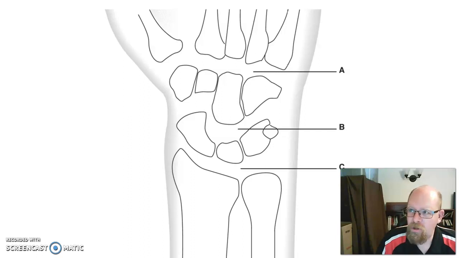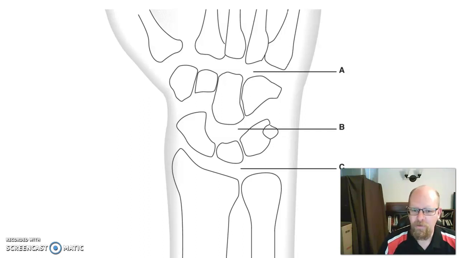So looking at chapter 12, what we're going to be specifically looking at is the wrist joint. However, when we talk about the wrist, we kind of have to talk about the hand, the elbow, even supination, pronation of the forearm.